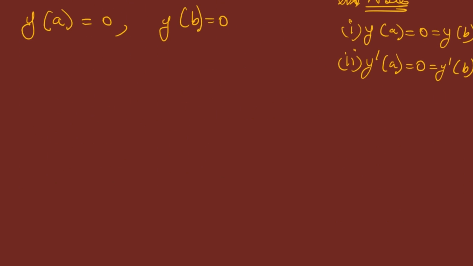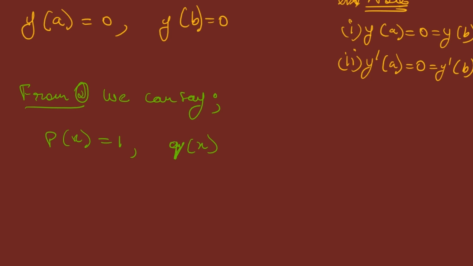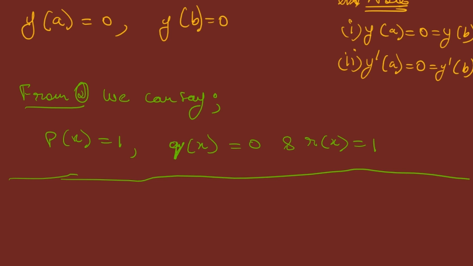From equation 2 we can say that p of x is equal to 1, q of x is equal to 0, and r of x is equal to 1, and we compare that. So now our conditions and our problem is solved.